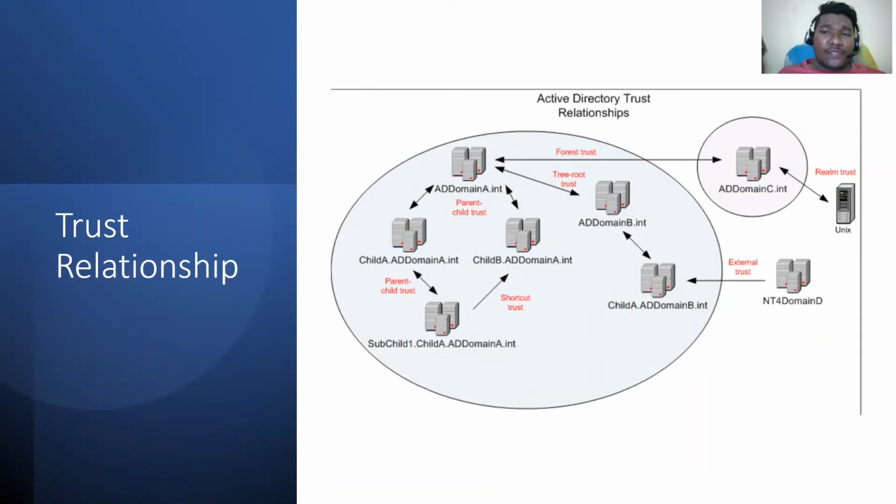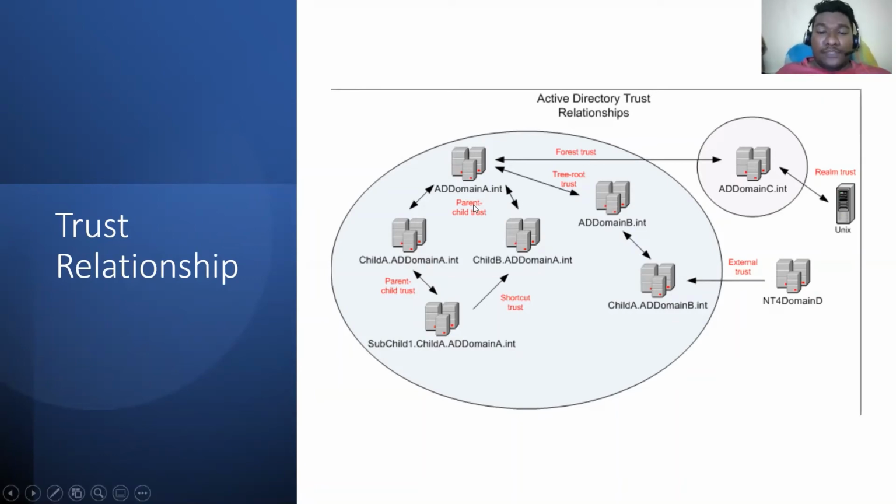And if some Usman.com users want to access any resource in the Surendra.com forest, we need to create a trust. When these two domains trust each other, only then can Usman.com or Surendra.com access each other's resources. So we have different types of trust relationships in Active Directory.